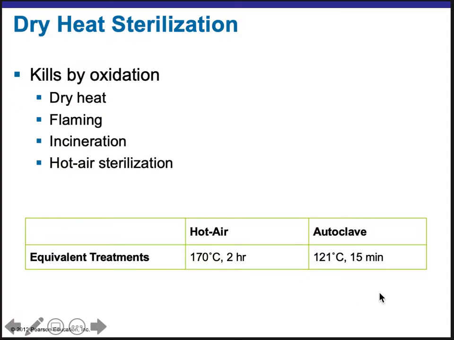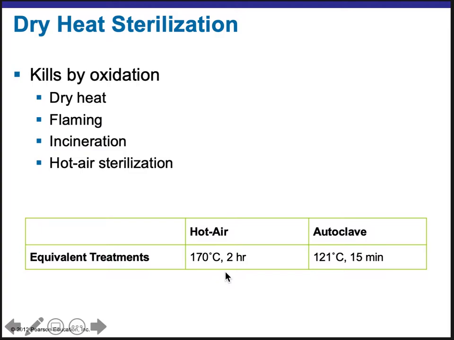Okay. All right, so I started talking to you about oxidation. One method to kill by oxidation is just dry heat, so like an oven. Of course, this takes a very long time, so 170 degrees Celsius for 2 hours. Now, we typically cook our foods hotter than this, right?